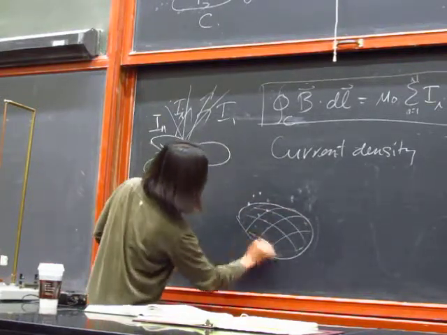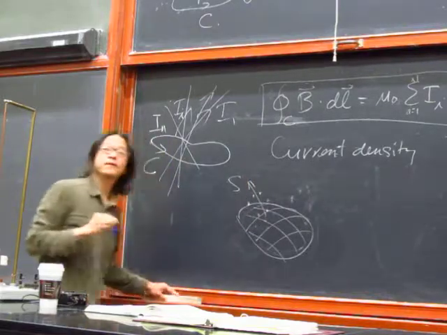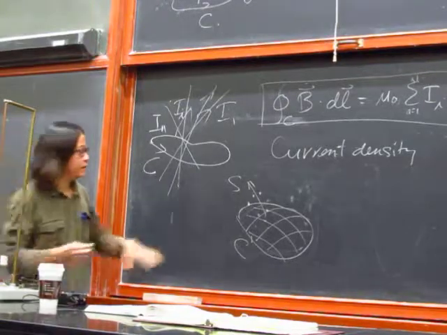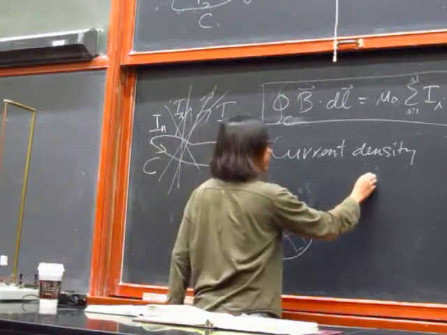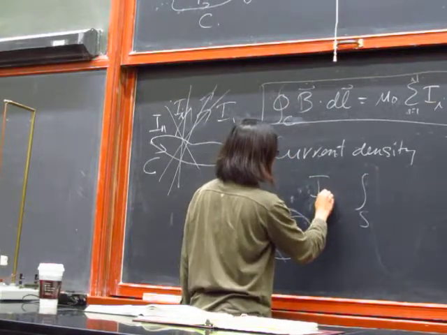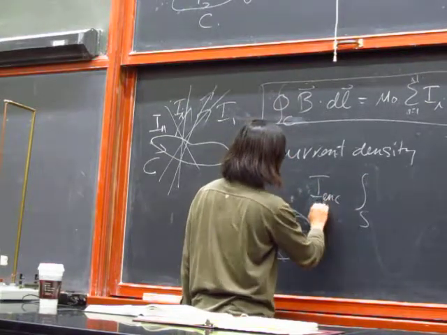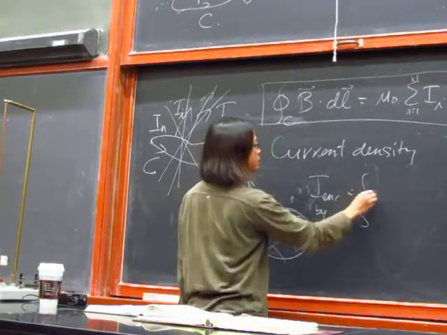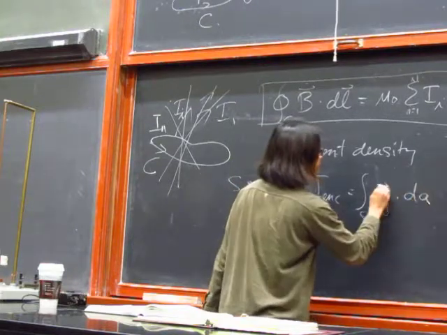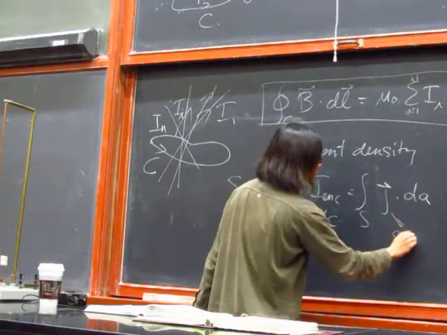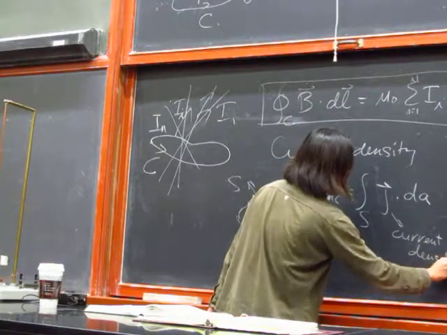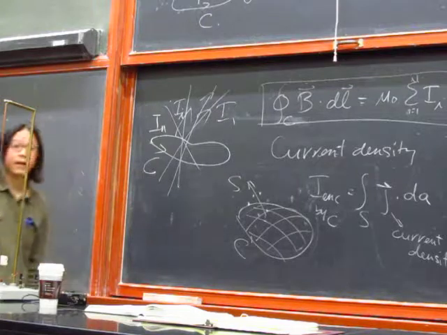Any surface like that, surface S, bounded by C, then the total current I enclosed by C, right? This is just the integral over S of J dot dA, where J is the current density.